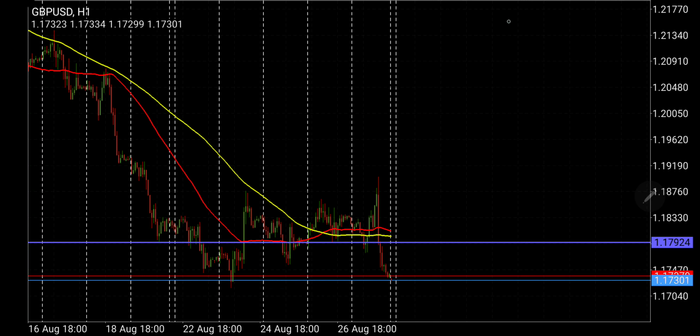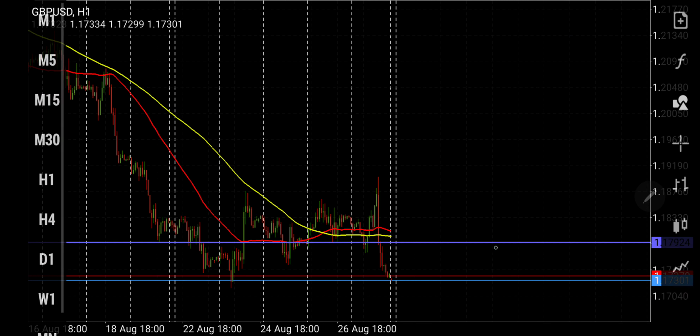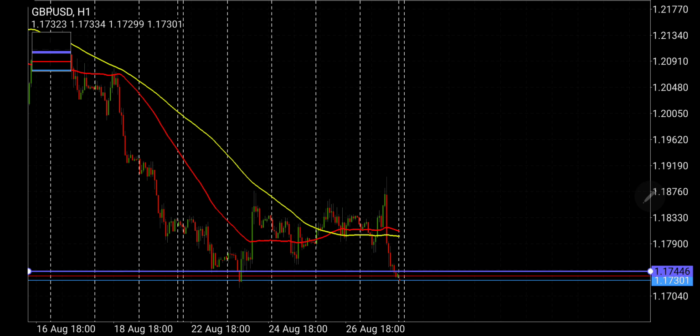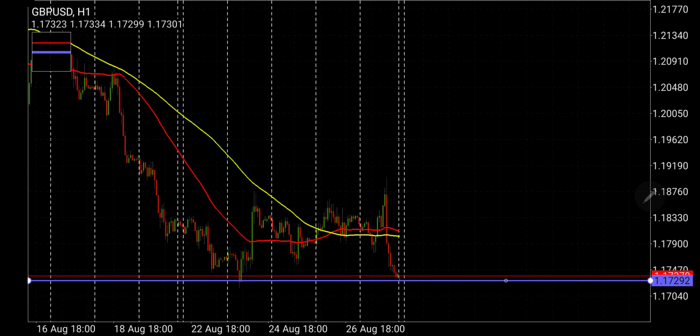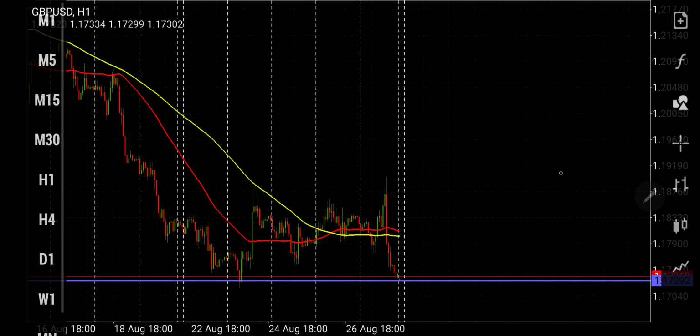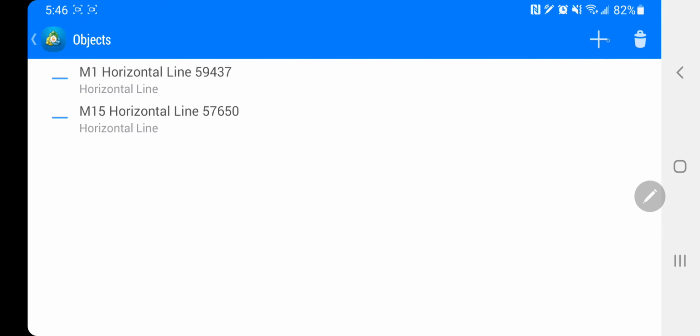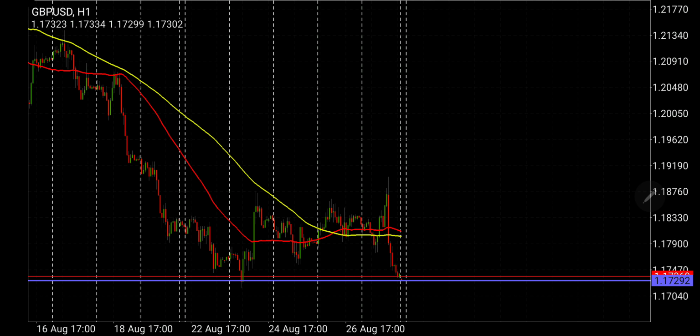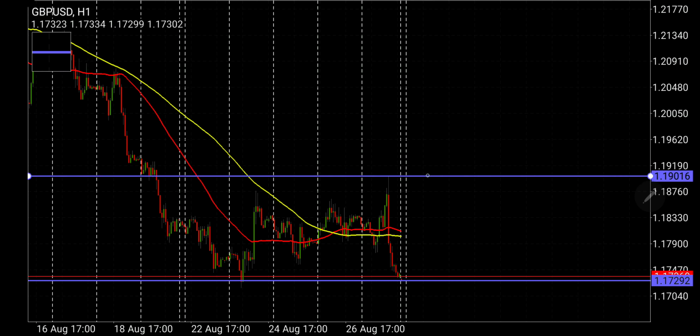What I'm going to do is put that line here. This is the low of last week, and we put a next line just to show you guys. This line is going to be the high of last week as well. So that's the low and that's the high.